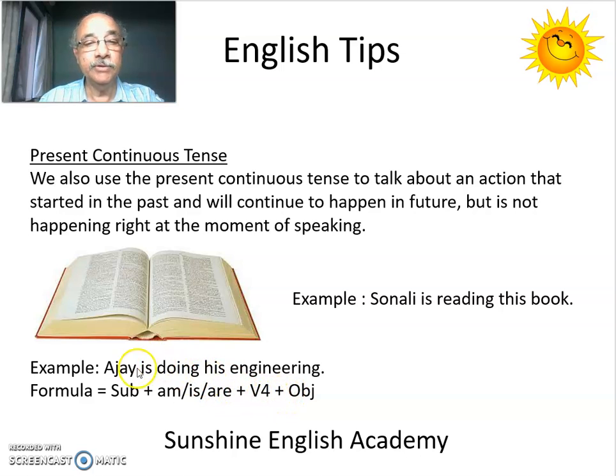So in our example here, Ajay is the subject. Then we have the be verb in the present tense form, that is the helping verb, is. Then we have V4, that is doing, and his engineering is the object of the verb doing. The formula is the same and hence it is present continuous tense.